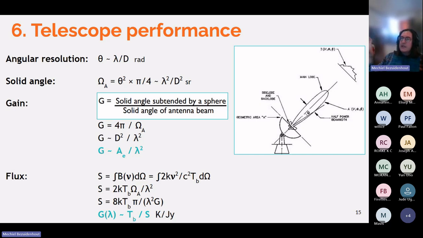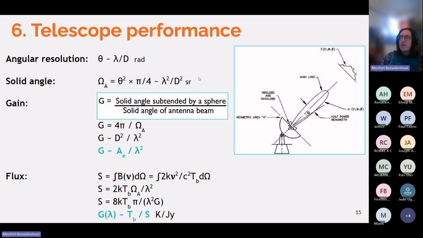This beam subtends a solid angle, which is basically the area of the sky that the beam is covering, and that's given by this angular resolution squared multiplied by pi over 4, and that is approximately equal to the wavelength squared divided by the diameter squared, in steradian.